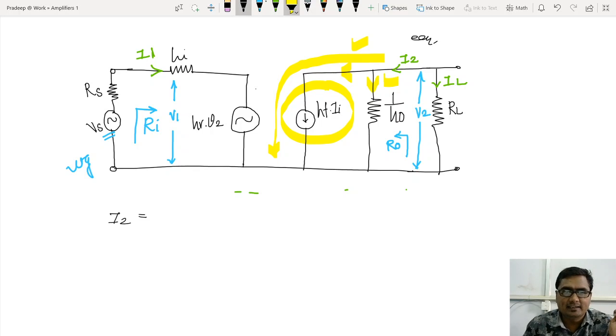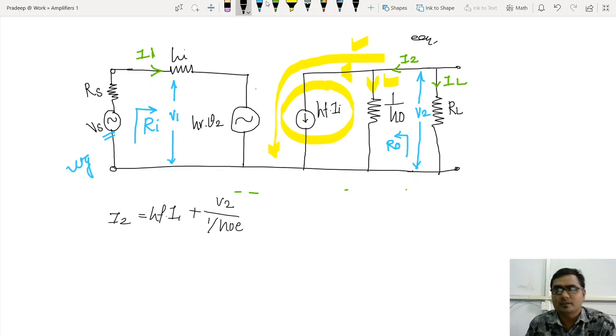So let me write the equation for I2 is equal to hf multiplied by I1 plus V2 divided by 1 divided by ho. I hope you understand the current flowing through 1 divided by ho. Current is equal to voltage divided by impedance. So what is the voltage across ho? It is V2. V2 is the voltage across ho and also across RL.